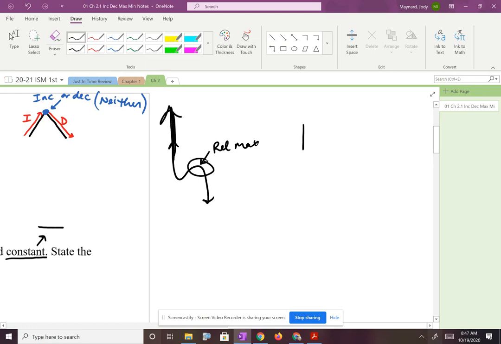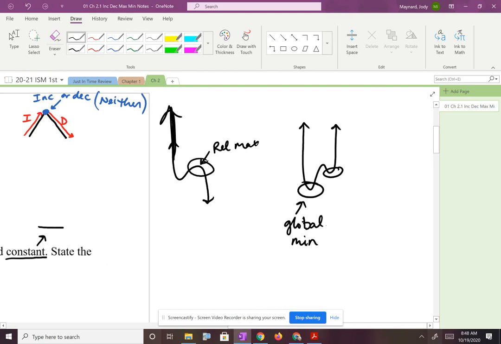But if you looked at something that looks like this, next to the fourth function, this one is a global minimum. Okay, this is a global min. When we have a global minimum, that means it's the smallest point ever. But there's also a relative minimum here.